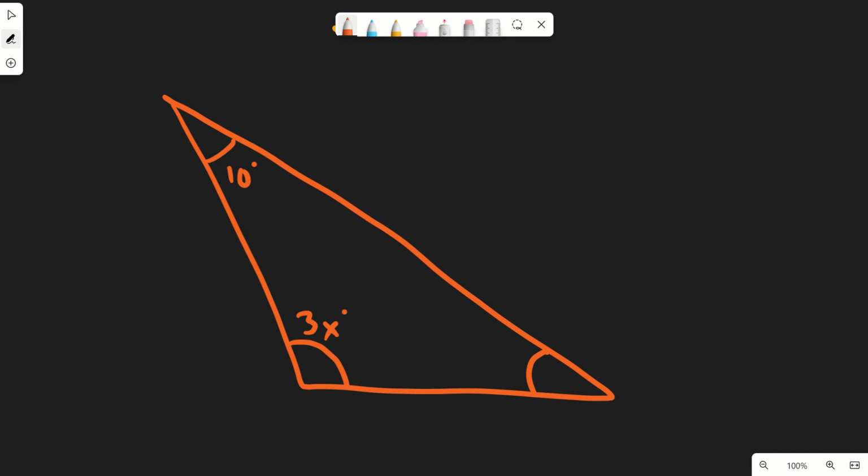And this is x plus 30 degrees. No, x plus 10 degrees. Yeah, we'll call it that. 10 degrees, 3x degrees, and x plus 10 degrees. What are the measures of my two unknown angles here?